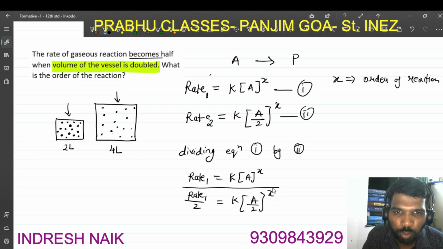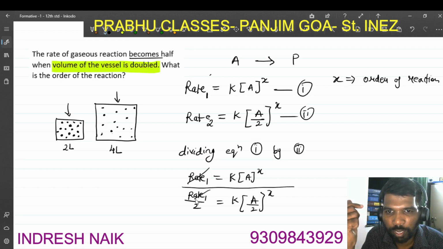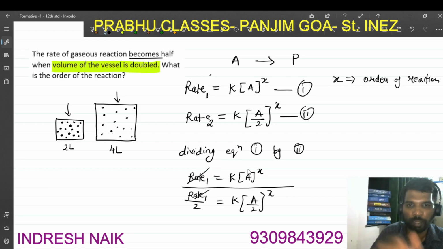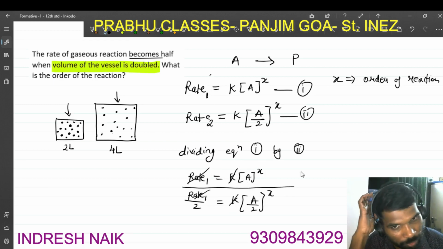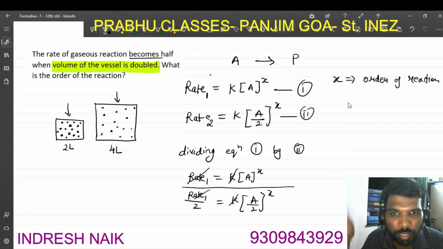Now you divide both these equations. Rate 1 and rate 1 will get cancelled, and k and k will get cancelled. What will remain is 1 by 2 equal to A raised to x over A by 2 raised to x.